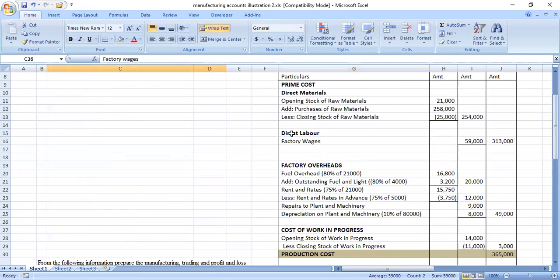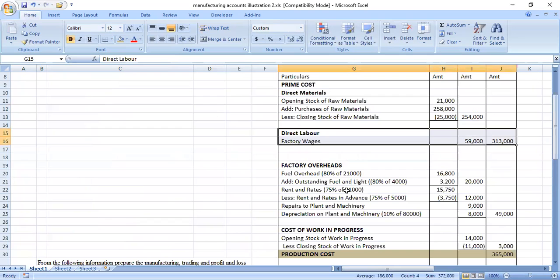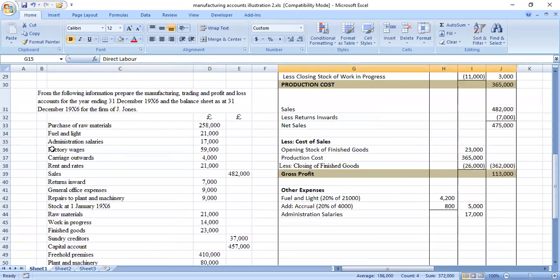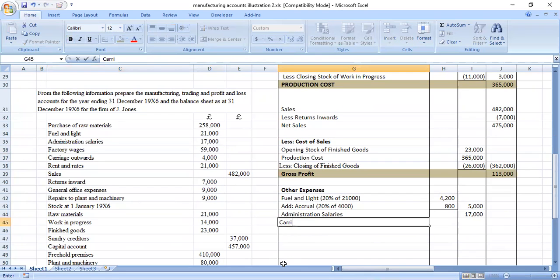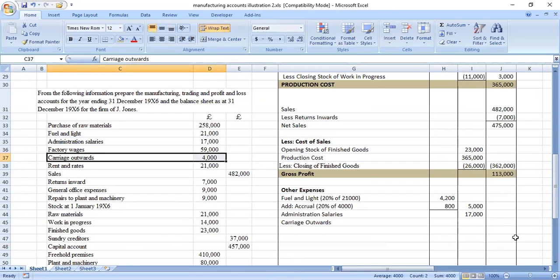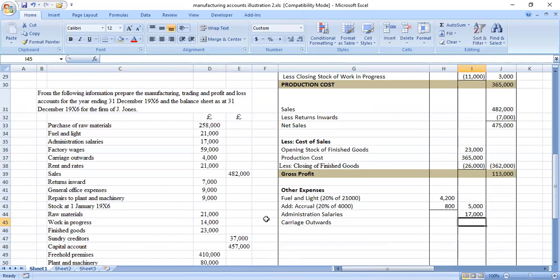It's already incorporated in the prime cost as direct labor. So we leave that one, it's already captured. Then we have carriage outwards. Carriage outwards, it's 4,000 shillings, and it has no additional information, so we take it as it is, 4,000.